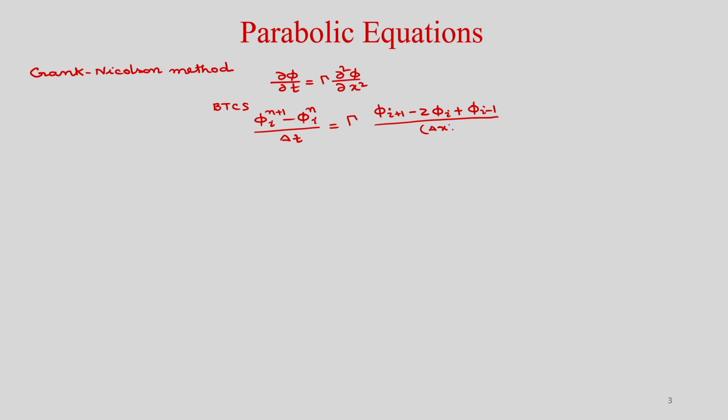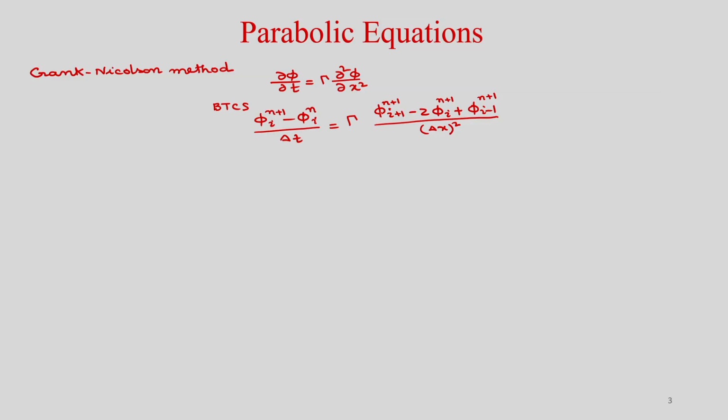So, this is just the BTCS scheme whatever we have discussed, and all these you are taking at n plus 1. Here what we will do now, instead of taking this diffusion term at the n plus 1 time level, we will take the average of phi I n and phi I n plus 1. That means, the values of phi at the nth time level and the n plus 1 time level.